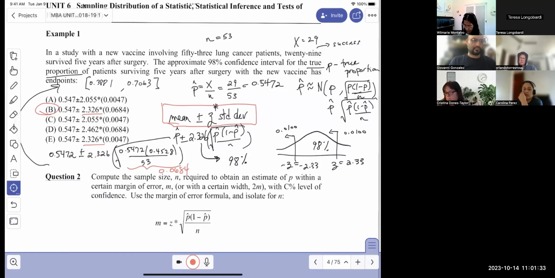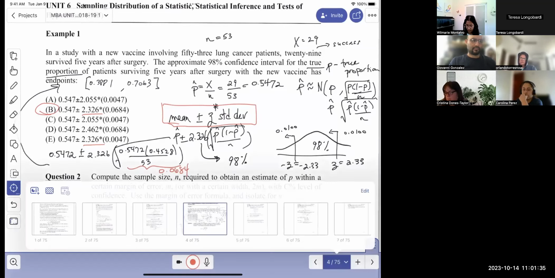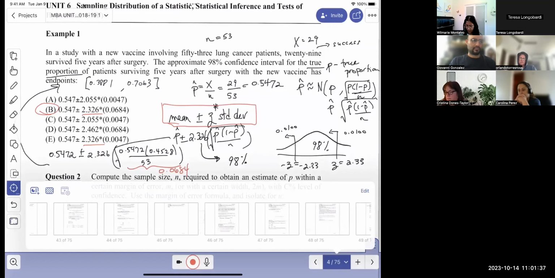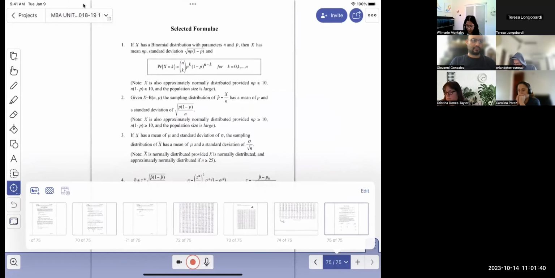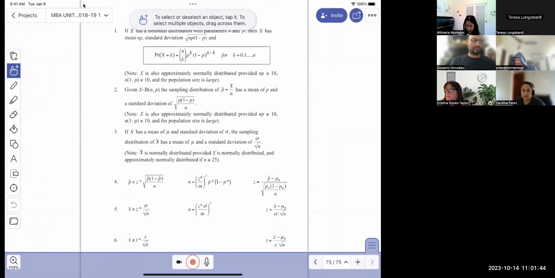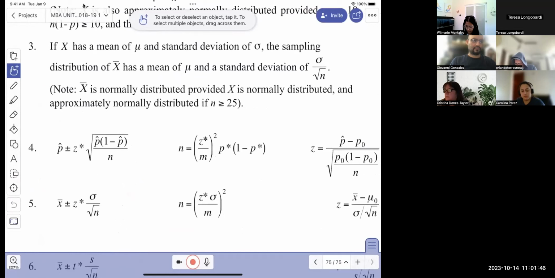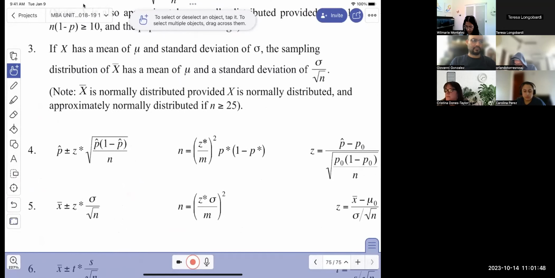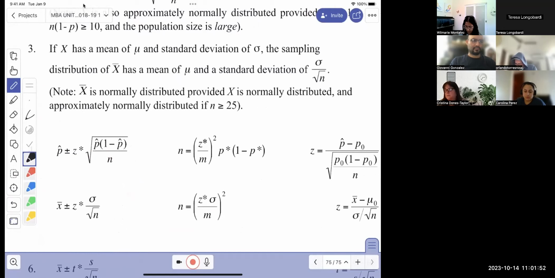So what have we learned? So we've learned to the formula sheet. So we're here now, row 4. When it comes to inference, it is educated guessing.